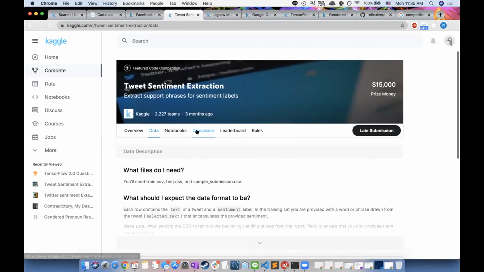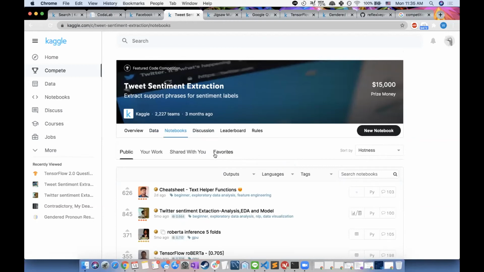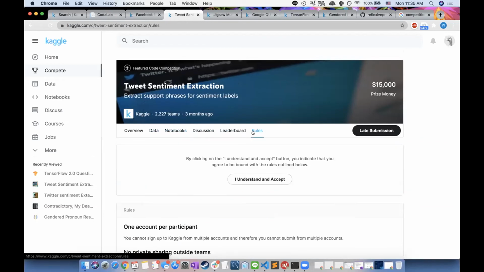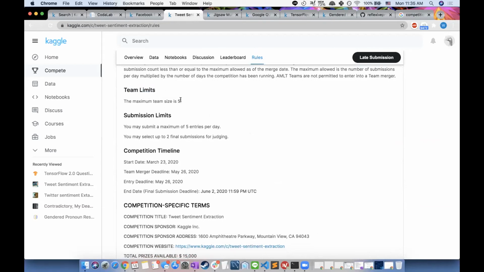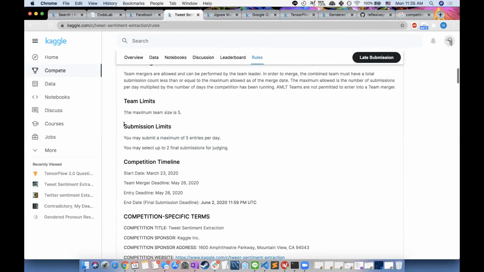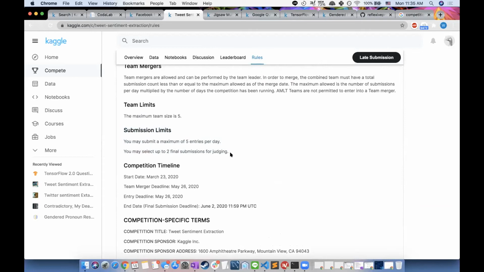And of course you can take a look at other people's notebooks and things like that. And there's a bunch of rules, like team limits and submission limits, because a lot of the time people might want to game the submissions by spamming them to get a higher score. It's almost like you're trying to test the hidden test set. You might get a certain test score, but a lower score on the hidden test set.